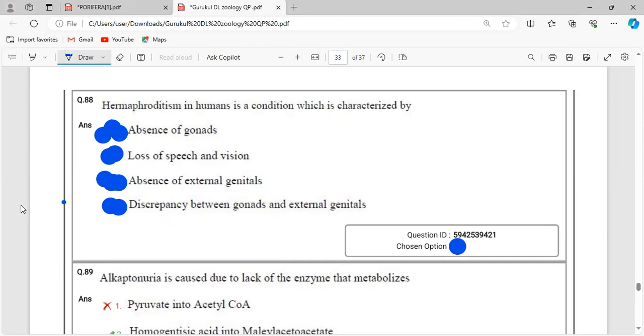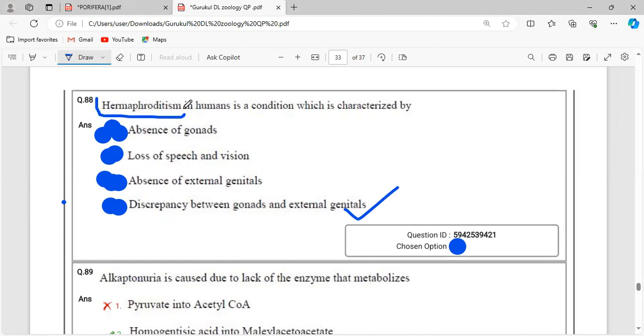Absence of gonads, loss of speech and vision, absence of external genitals, discrepancy between the gonads and the external genitals. Very good. Both sexes in the same individual. So, what will be the option? Very good. D will be the correct answer.